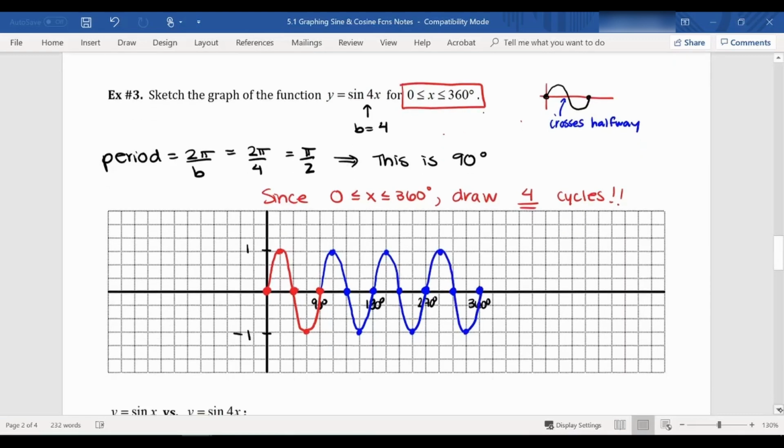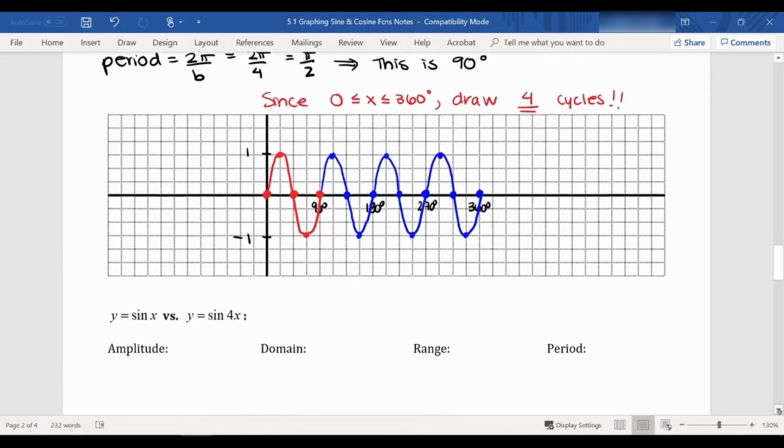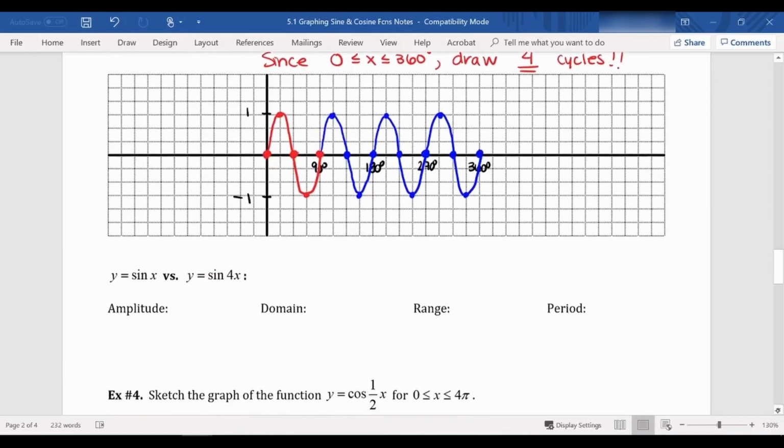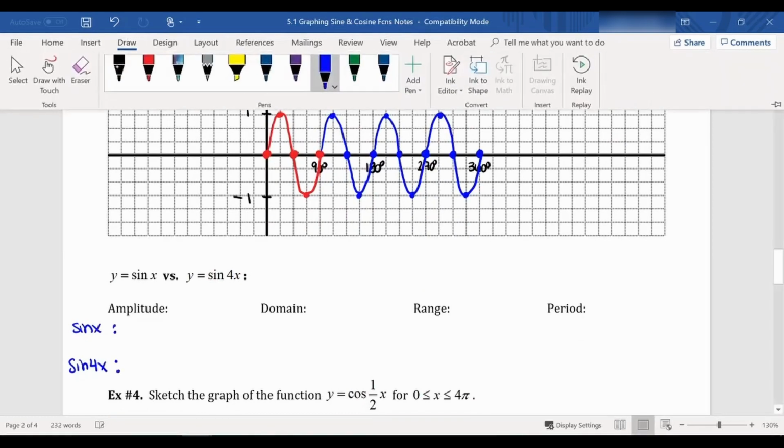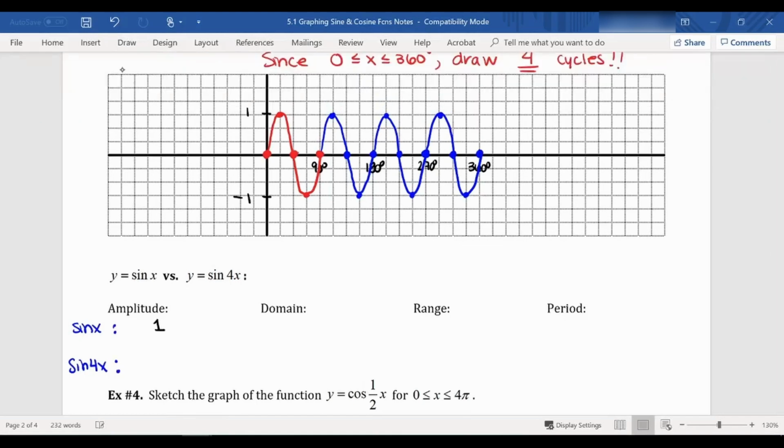So if we compare regular sine x versus sine 4x, our amplitude of sine x is 1. Our amplitude of sine 4x is also 1. Our domain is the same for both. We're going from 0 to 360 on both of these. If I drew in sine x, it would still go from 0 to 360.